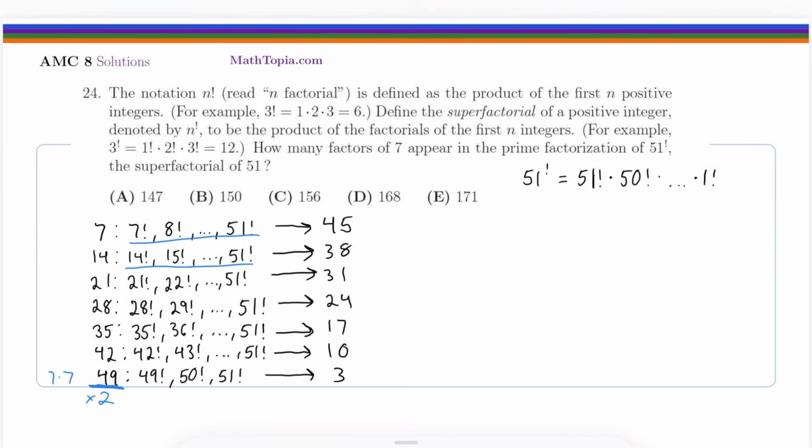So I'm just going to write at the end plus 3, since we have 3 7s, but we need to add 3 more 7s. Now, to add this list, we can see that each time the number decreases by 7, which can be helpful when we're adding. So we have 3 plus 10 plus all the way up to 38 plus 45. We can create sums of 48 here.